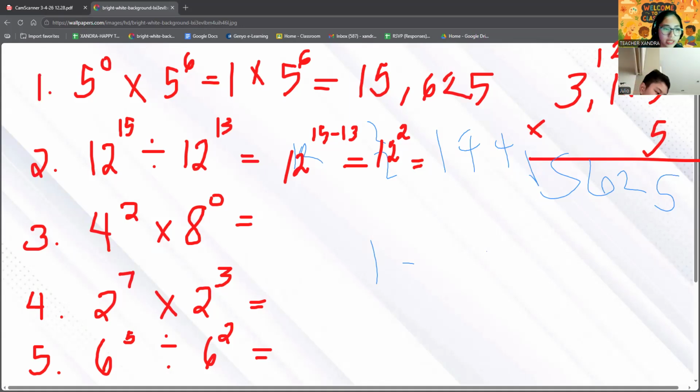Okay. Number 3. So this is 4 squared times 8 raised to 0. Julio, write down the steps. 4 squared times 8 raised to 0. What should you write here?